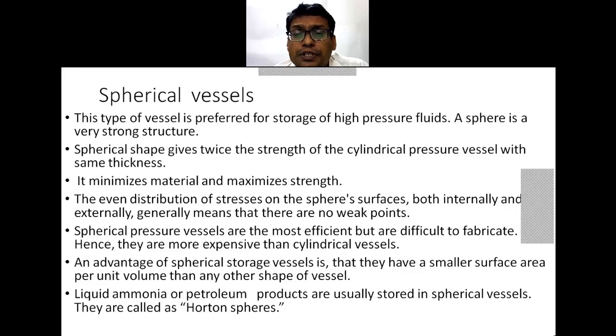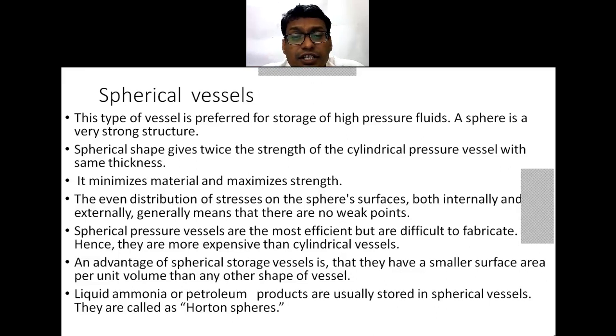In these spherical vessels, the stresses are uniformly distributed both internally and externally, and generally there are no weak points, because of the uniformity in shape. If non-uniformity in the shape is observed, then there will be concentration of stresses in certain non-uniform parts, which will be more difficult to analyze.